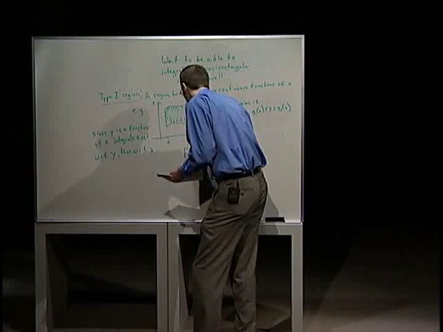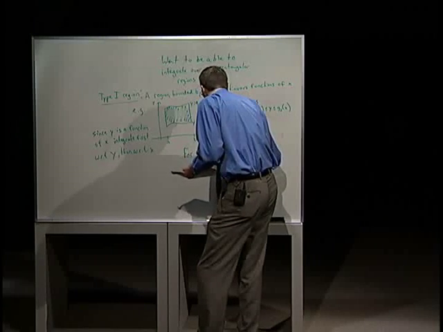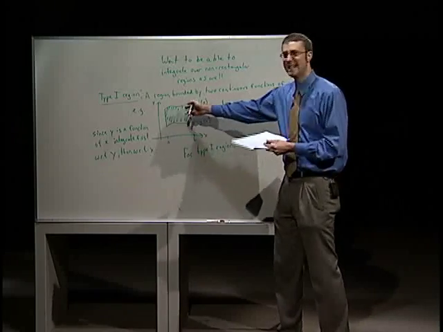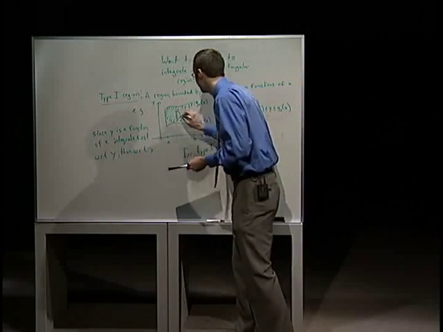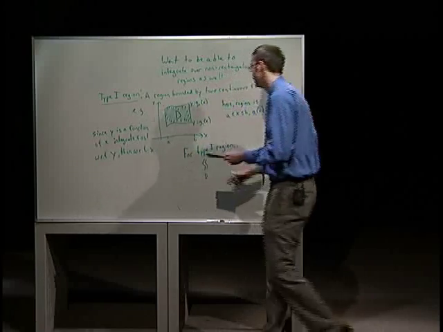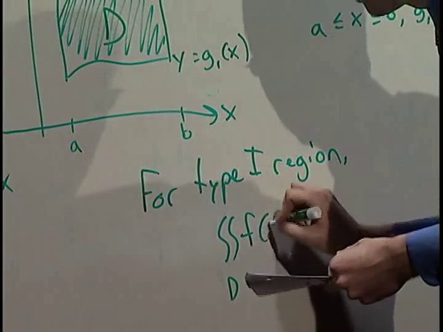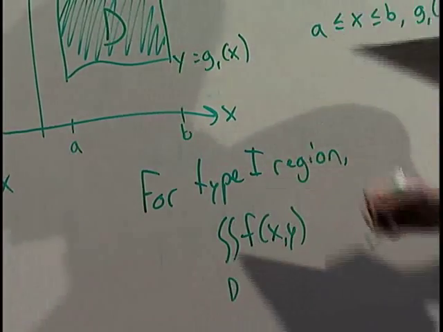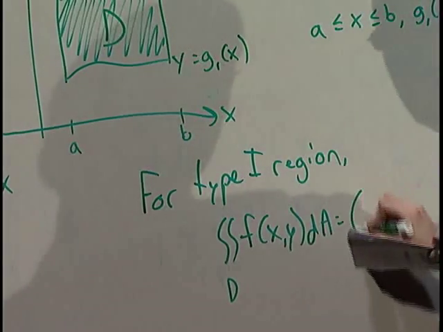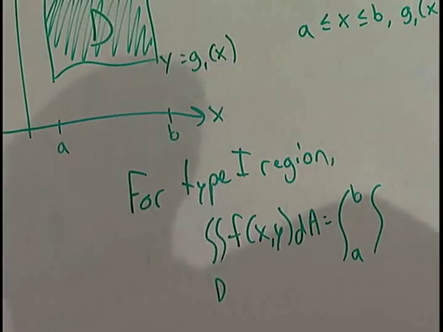So for any type 1 region, how does the integral look? Well, we'll call this region D, right? So this is just D there, right? So the double integral over D of the function f of x y dA, integrating with respect to y first, x second.